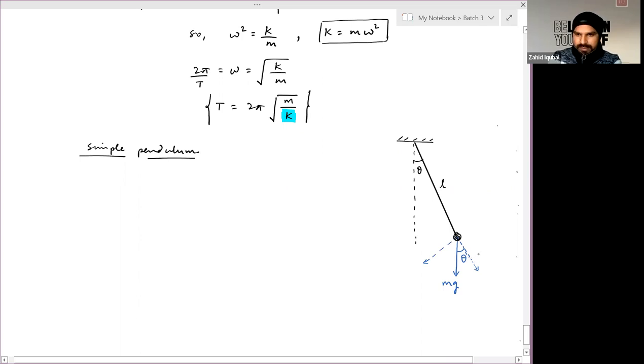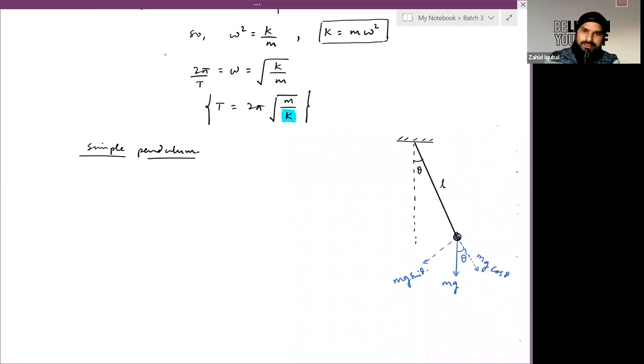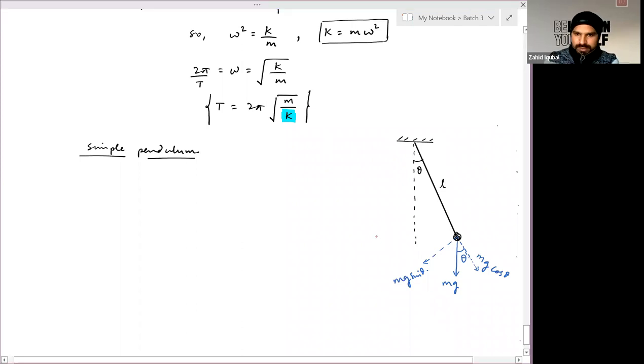We may resolve them as mg cos theta adjacent and mg sin theta opposite. Next, this bob will oscillate along this way. So opposite to theta, the displacement from this point to this point is x.